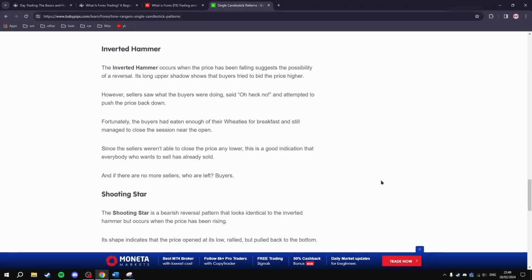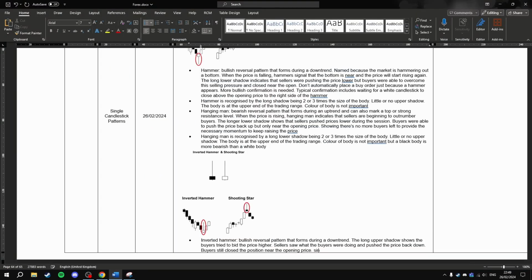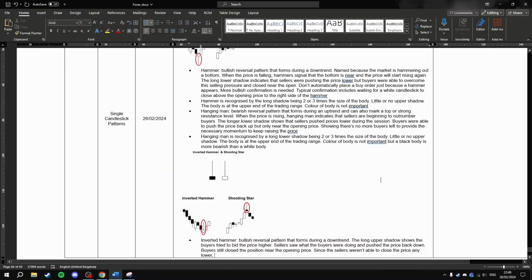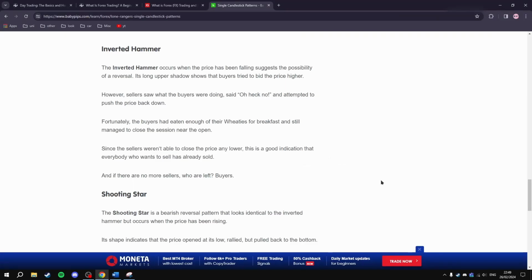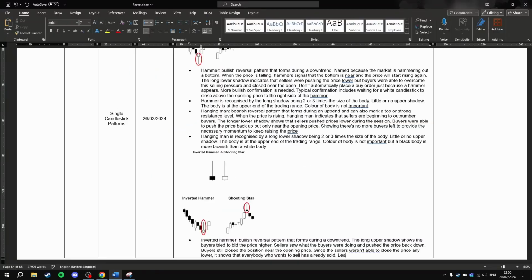Since the sellers weren't able to close the price any lower, it shows that everybody who wants to sell has already sold, and there are no more sellers left, leaving only buyers.